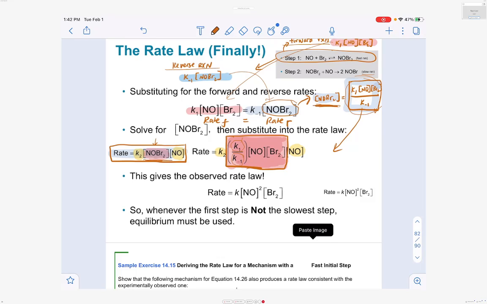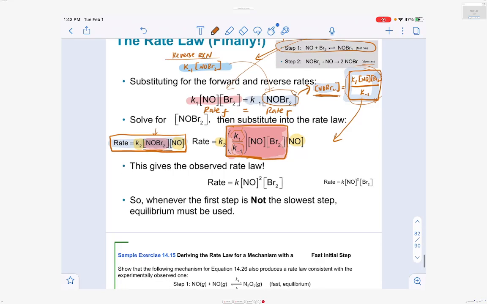So then the overall rate, you are left with K2 NO Br2. This is the overall rate law that they provided from the experiment.